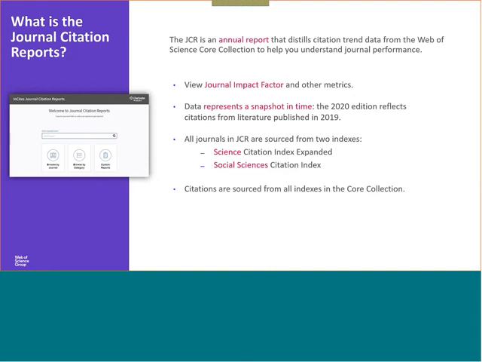These impact factors come from Journal Citation Reports. Journal Citation Reports covers only journals in the science and social science citation indexes, so only these two indexes in Web of Science have impact factors.